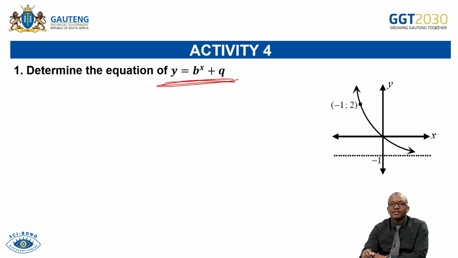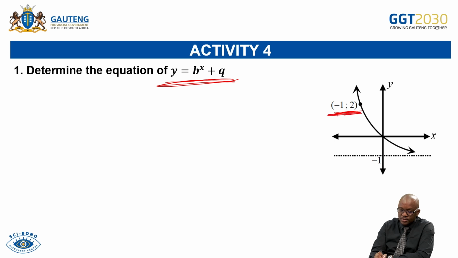Now, let's look at how do we determine this equation of an exponential. Remember, I spoke about the key things that you need to look for on our graph. It's 1 point on that exponential equation and also your asymptote. So now, the value of q in this case is equal to -1.